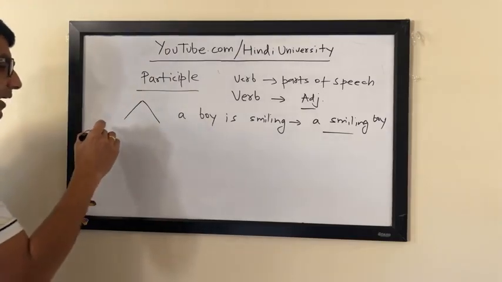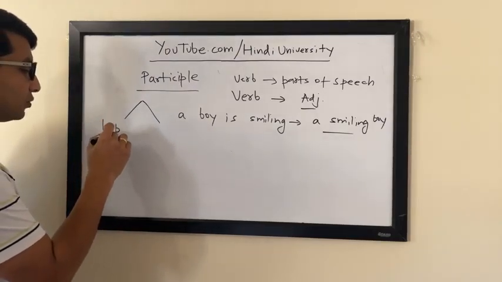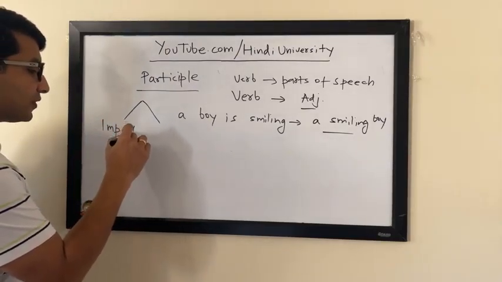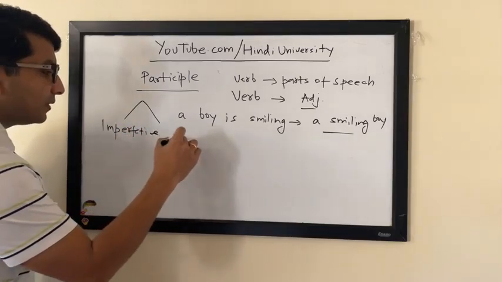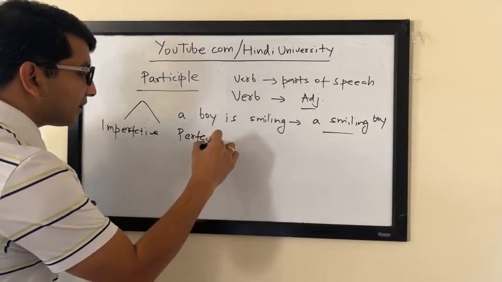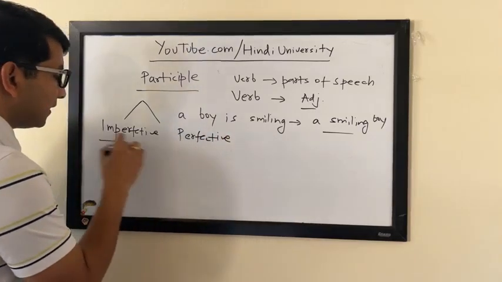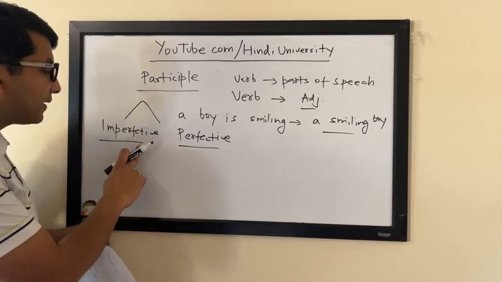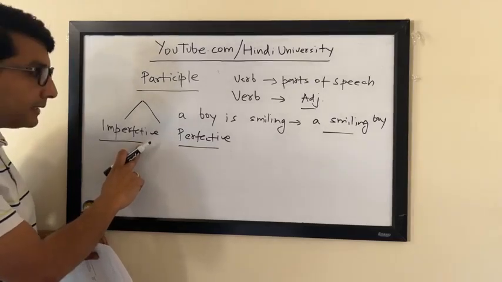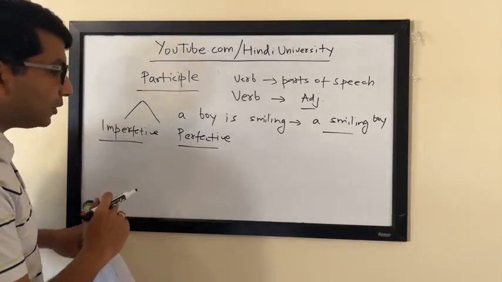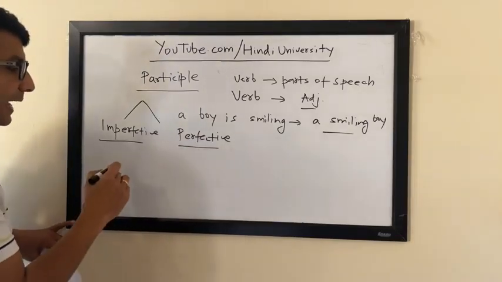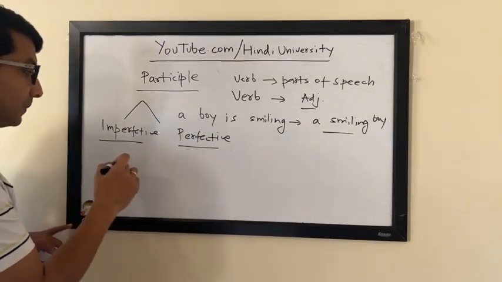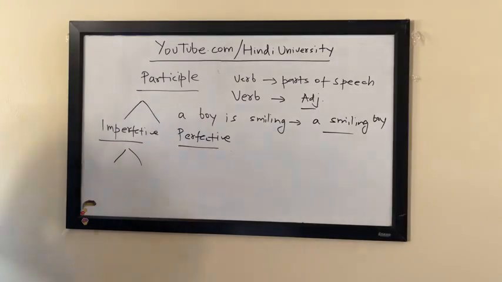We also covered that there are two types of participles in Hindi. The first one is imperfective and the second one is perfective. If you recall, imperfective is where the action is not done, it's still going on. Perfective, we didn't cover, but it's where the action is completed.